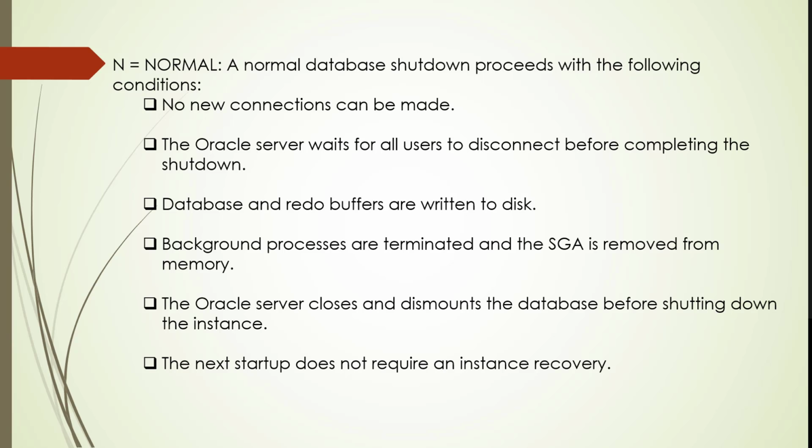Database and redo buffers are written to disk. Background processes are terminated and the SGA is removed from memory. The Oracle server closes and dismounts the database before shutting down the instance. The next startup does not require an instance recovery.